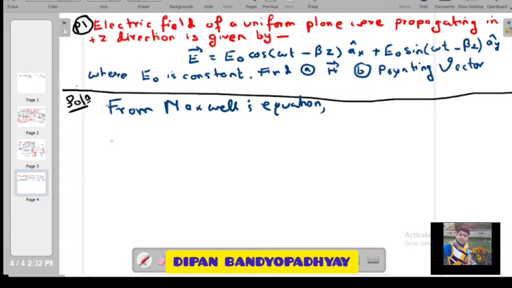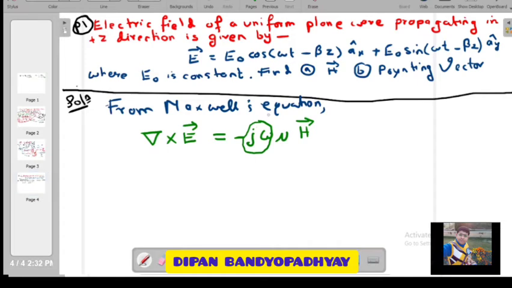We know that curl of E, considering that these are time harmonic fields, that means the field is sinusoidally varying, will be minus j omega mu H. So we have introduced this j omega term instead of del/del t, and B we have replaced by mu H.